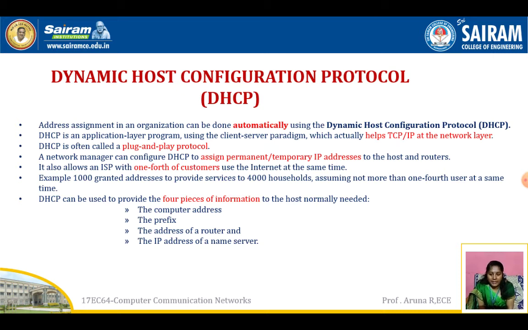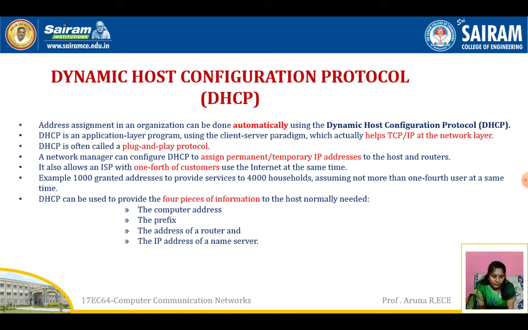A network manager can configure DHCP to assign permanent or temporary IP addresses to the hosts and the routers. It also allows an ISP to serve customers when only a quarter of them use the internet at the same time. Example: 1000 granted addresses can provide service to 4000 households, assuming not more than a quarter of the users are online at the same time.